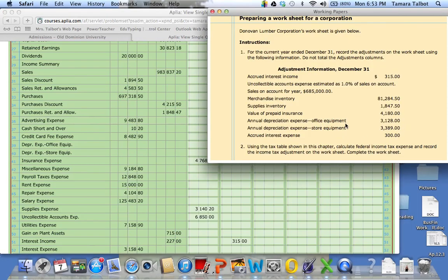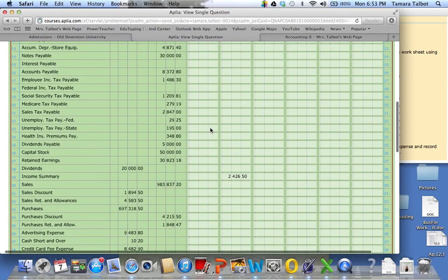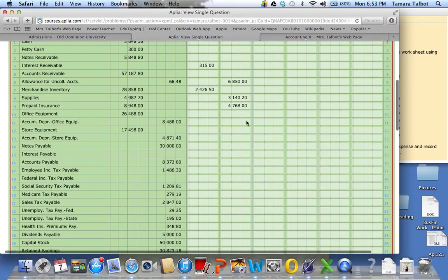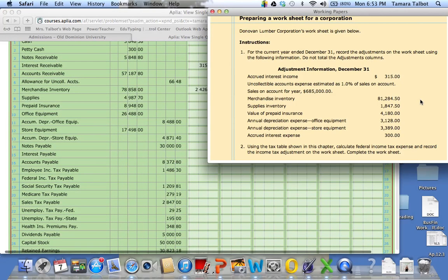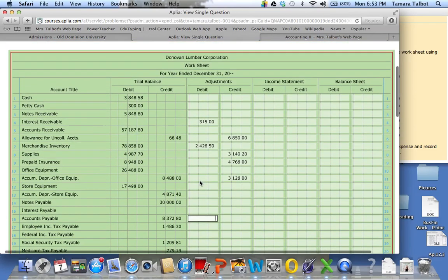And then these next three, we just use the number. Accumulated depreciation expense. So let's find office equipment, $31.28. Over here. And then it's depreciation expense down here.